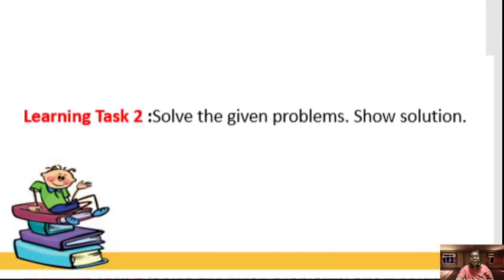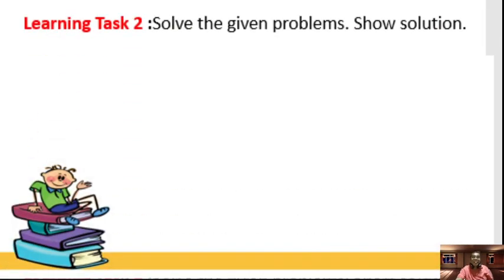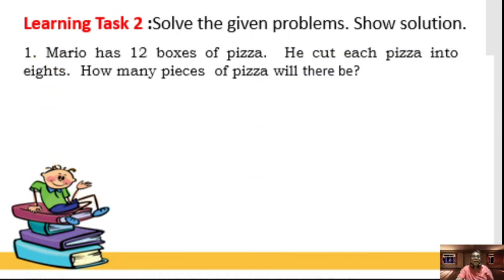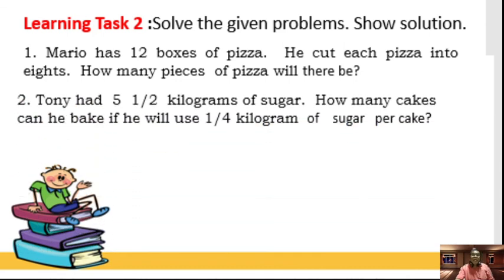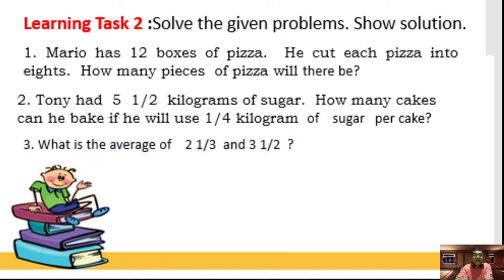Okay, for your activity, so Mario has 12 boxes of pizza. He cut each pizza into 8. How many pieces of pizza will there be? Next, Tony had 5 and 1/2 kilograms of sugar. How many cakes can he bake if he will use 1/4 kilogram of sugar per cake? 3.